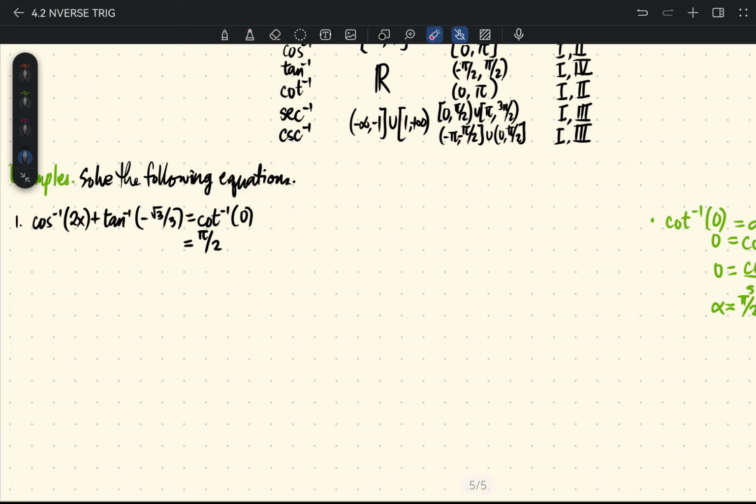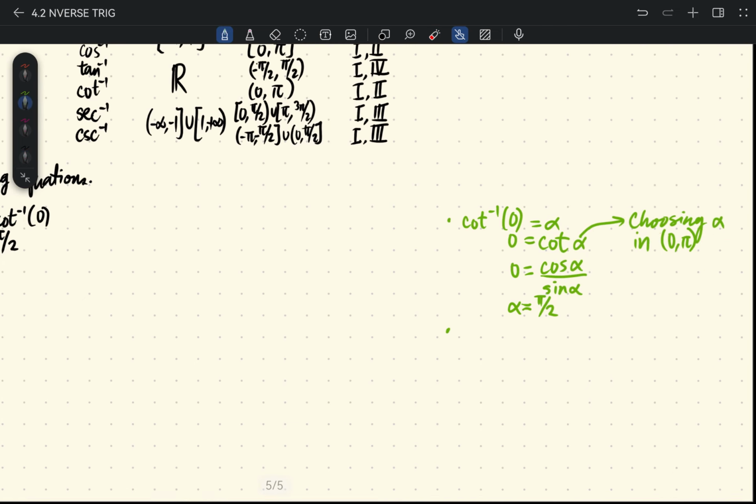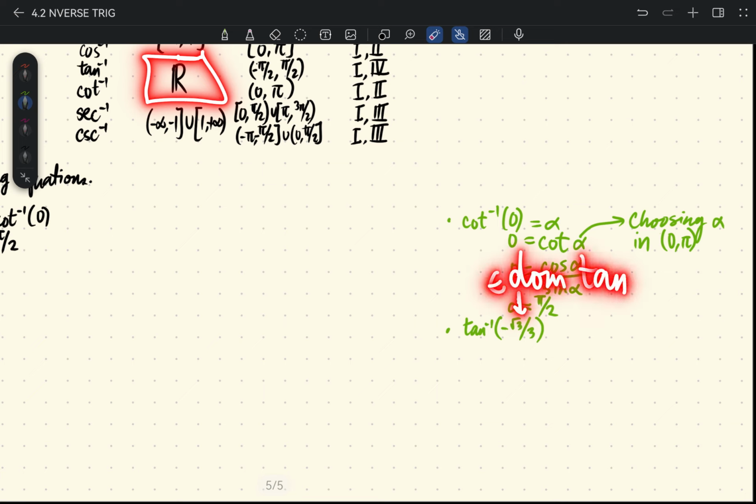And next, let's evaluate tangent inverse of negative square root of 3 over 3. First, let's check if negative square root of 3 over 3 is in the domain of tangent inverse. Take note, the domain of tangent inverse is the set of all real numbers. So this one right here is in the domain of tangent inverse.